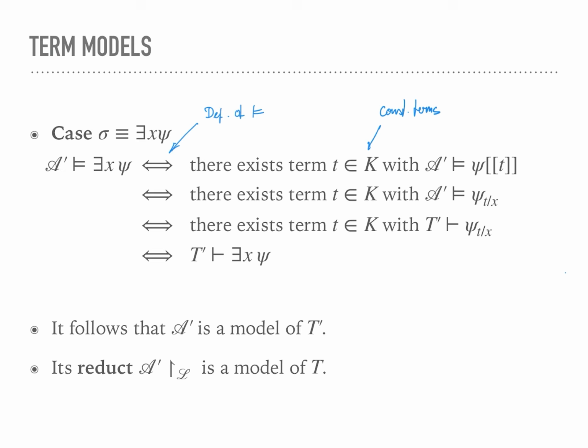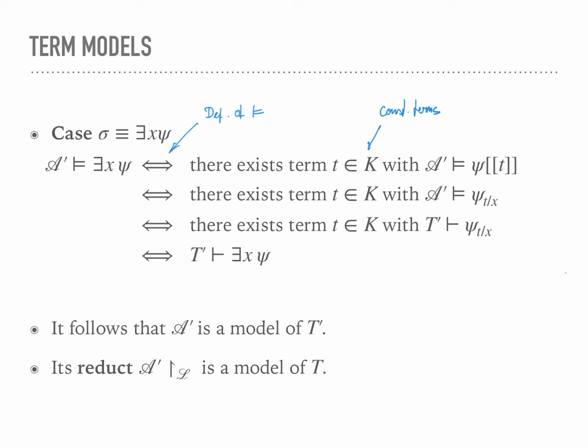And by the definition of our term structure, evaluating this sentence, psi with t substituted for x, is the same as checking whether this formula with the assignment equivalence class of t under the term equivalence holds in A prime.